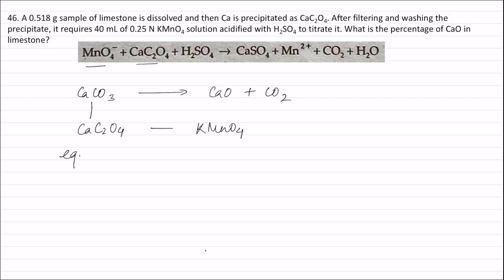Therefore, equivalents of calcium oxide is equal to equivalents of KMnO4, and equivalents of KMnO4 will be equal to normality of KMnO4, that is 0.25 N, into volume of KMnO4 in liters, that is 40 divided by 1000 liters. Solving this, the equivalents of calcium oxide is equal to 1 by 100 equivalents.